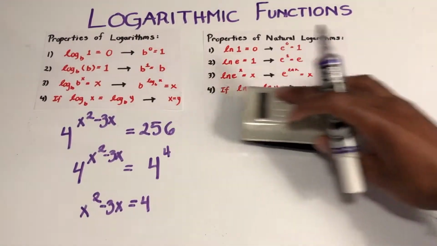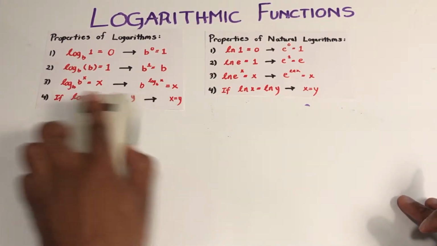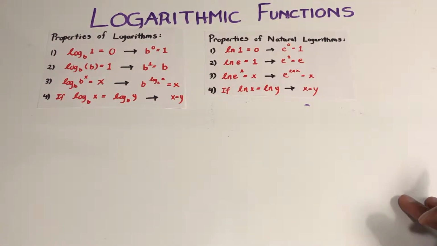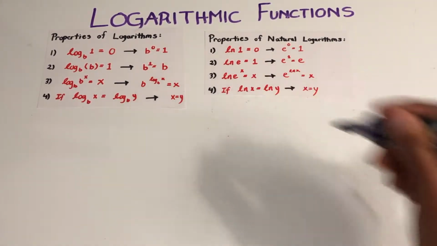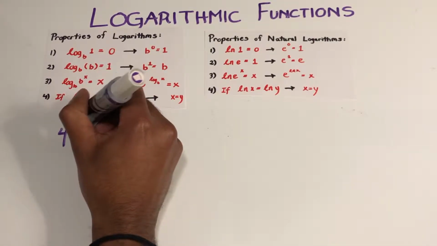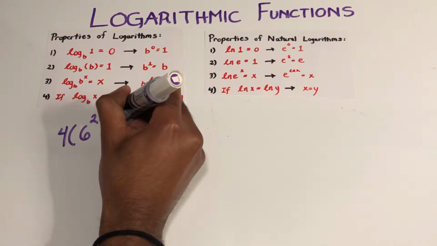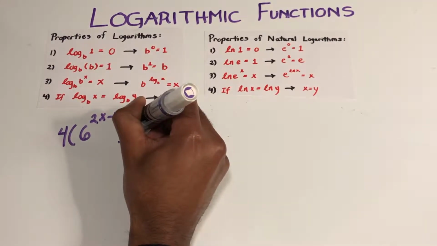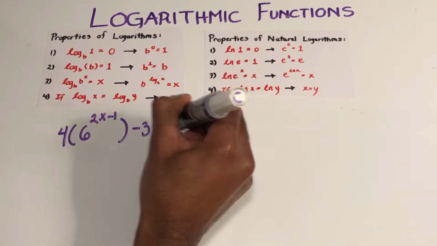Let me go ahead and do one more problem. Here we have 4 times 6 to the power of 2x minus 1 minus 3 is equal to 12.